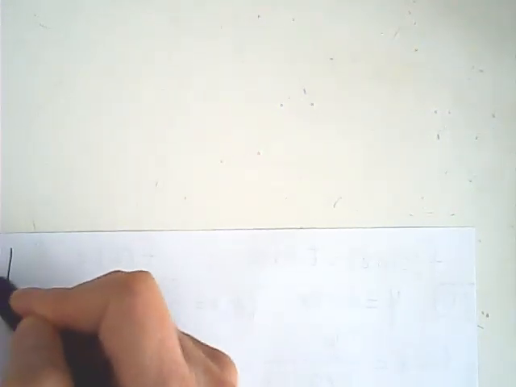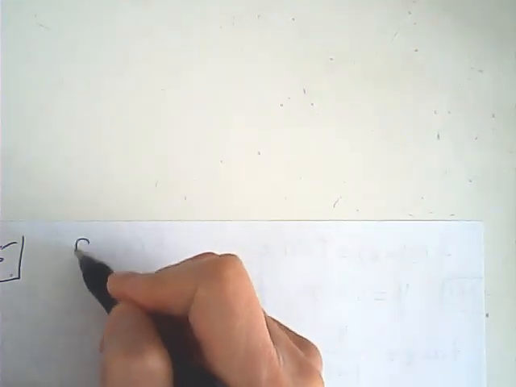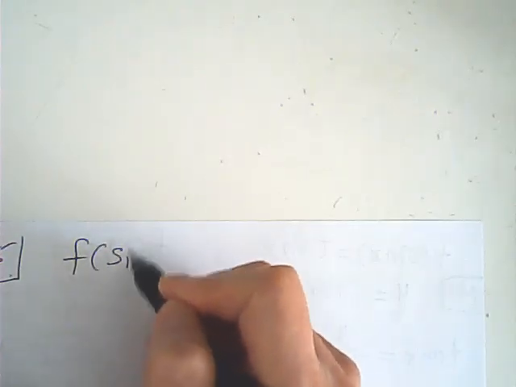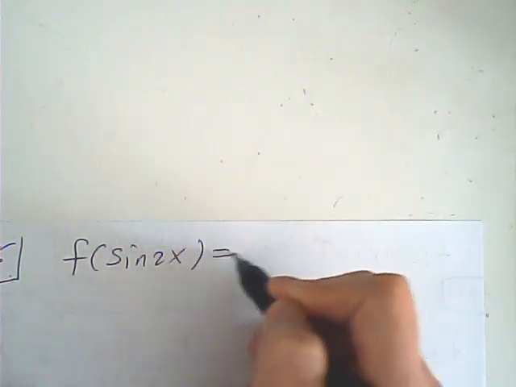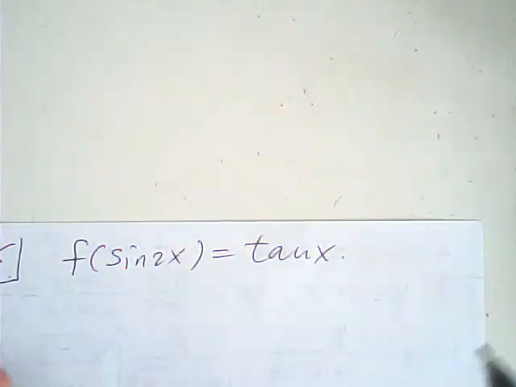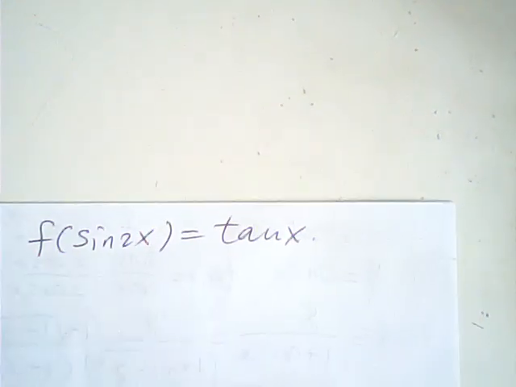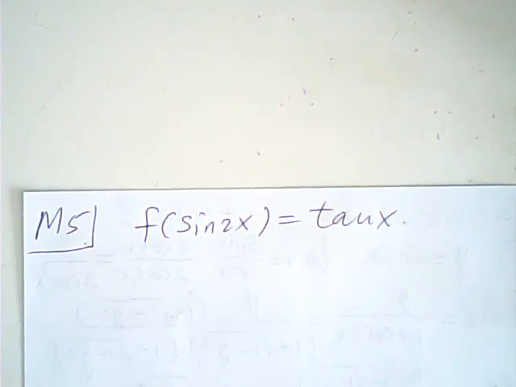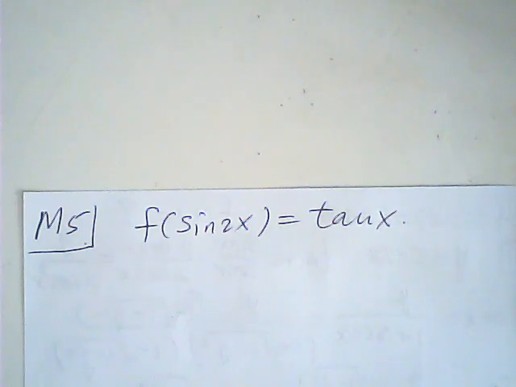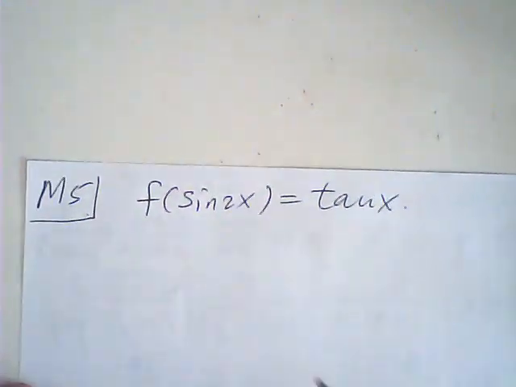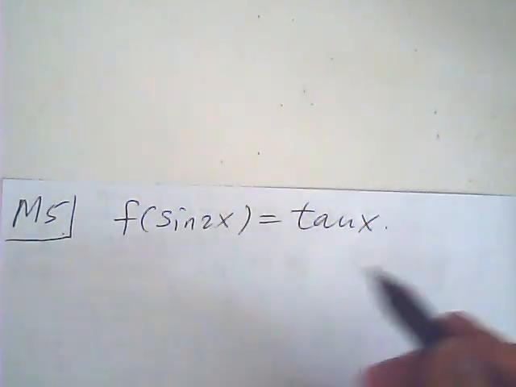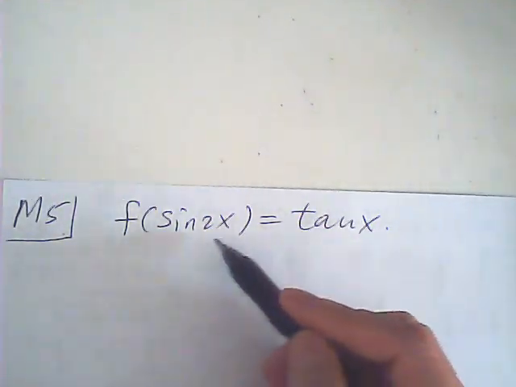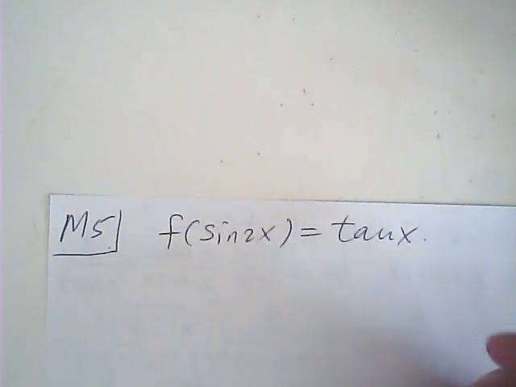And the method 5, the last method. Well, this is the method: f of sine 2x is equal to tangent x. Method 5, I just directly use sine 2x without using the parameter y.